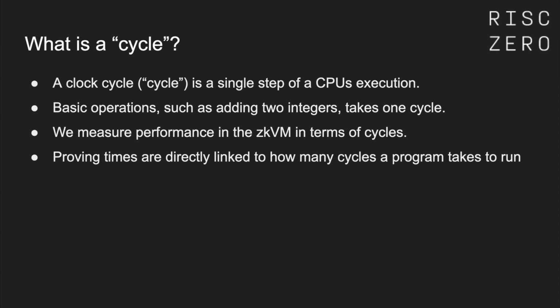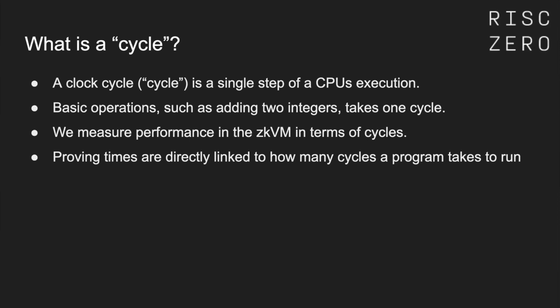That's the clock rate. Generally speaking, within one cycle a CPU can do a basic operation, like adding two integers or a bitwise operation: taking two registers in the CPU, doing some operation, and writing the result back to an output register.